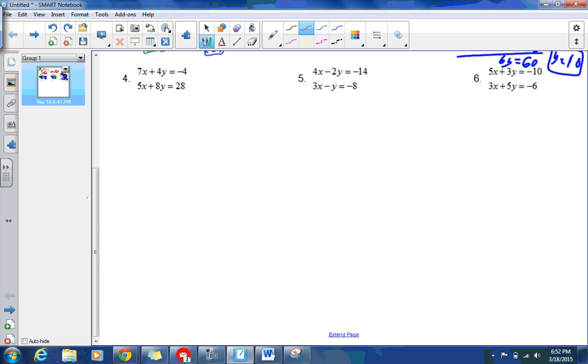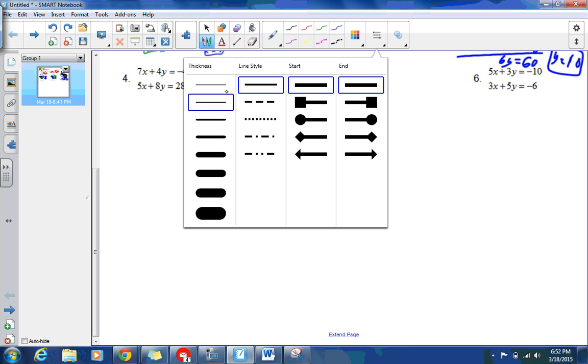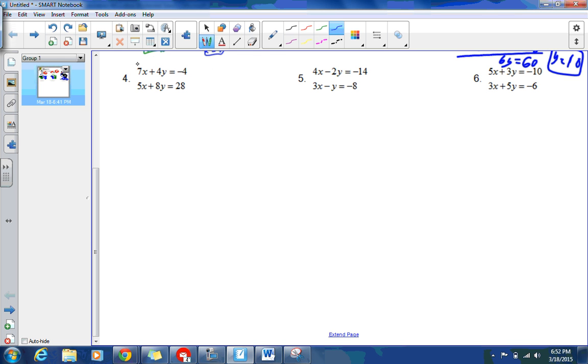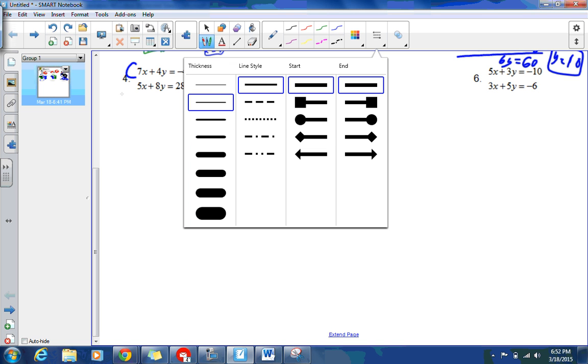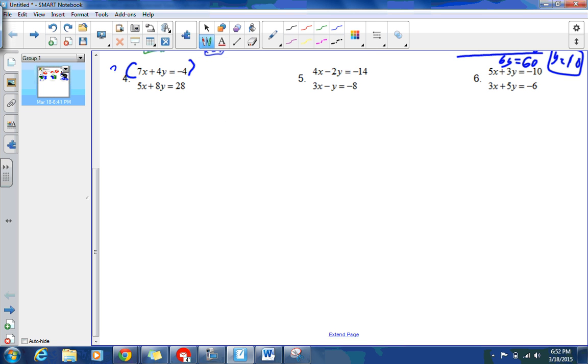Number 4. Having a 7 and a 5 doesn't look like it's going to work out too well. So let's look at that 4 and the 8. I will multiply the top equation by 2 so that we can get the y to be an 8.